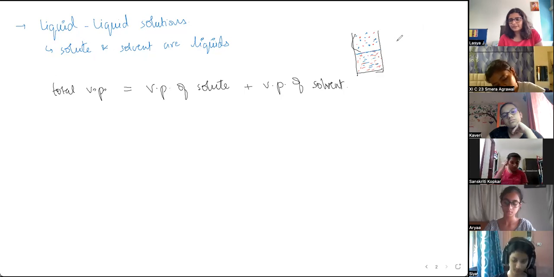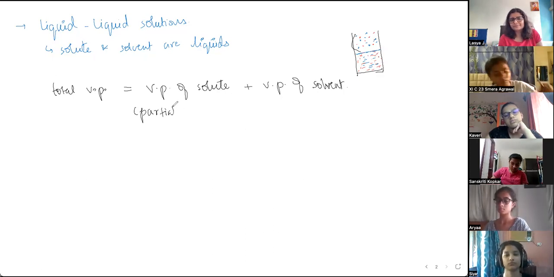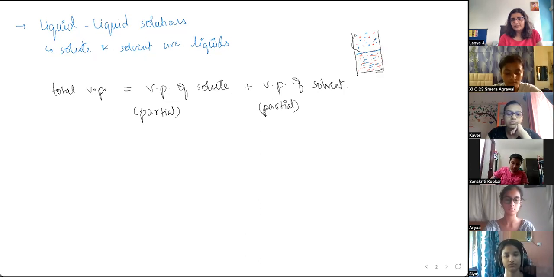Okay. Now we have another law which dictates how to calculate the partial vapor pressure of the solute and the solvent. So this brings us to Raoult's law.